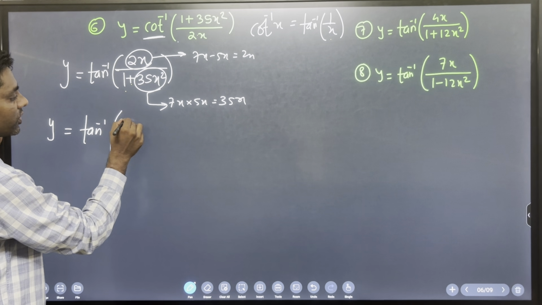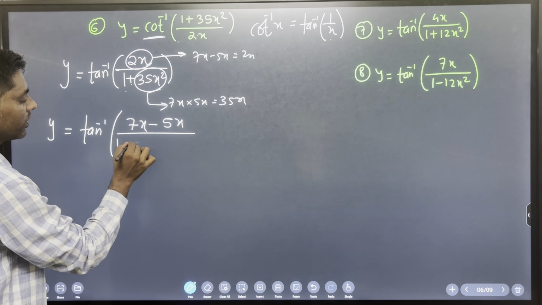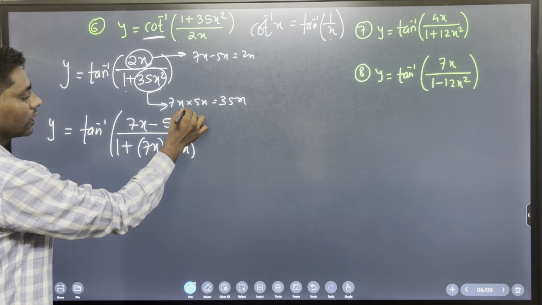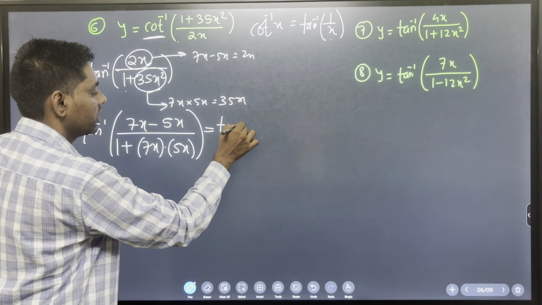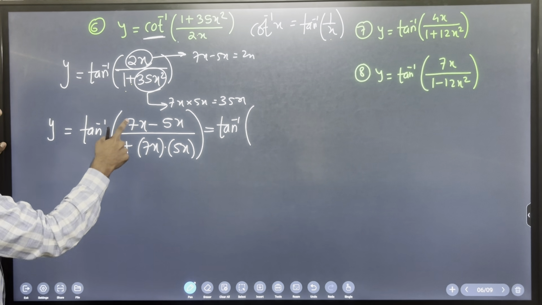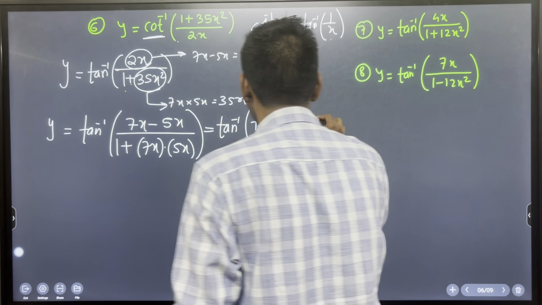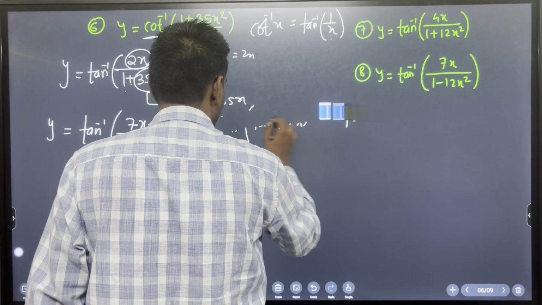This is a very simple question. The answer of this question is tan inverse of 7x minus tan inverse of 5x, so just write down the formula of this.